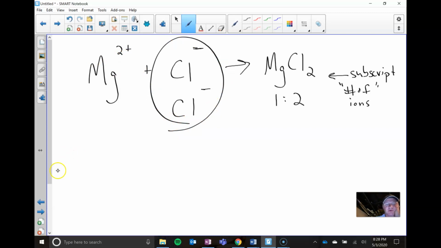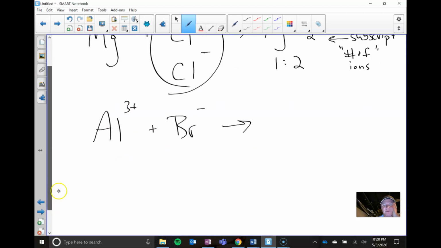A couple more of those. Let's say we've got aluminum with a +3 charge pairing up with bromide with a -1 charge. There again, different charges, +3 and -1. How many bromides is it going to take to balance out that +3?